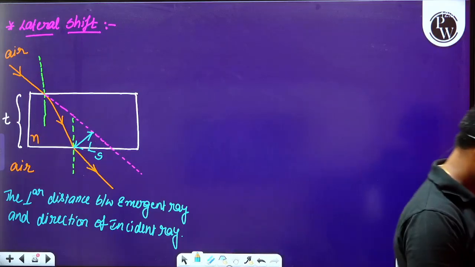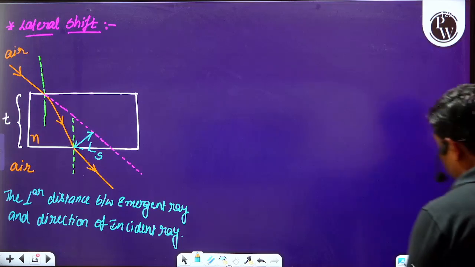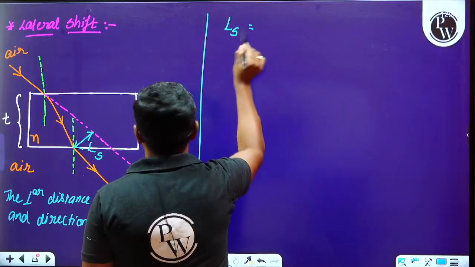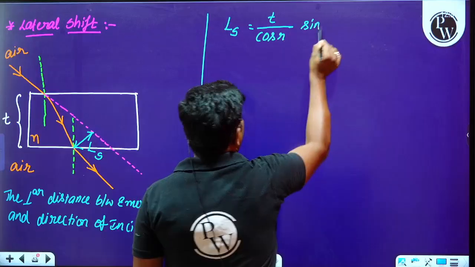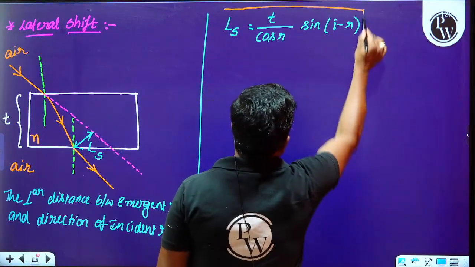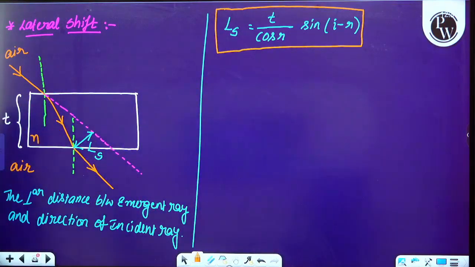So what is the expression for lateral shift? Lateral shift can be measured using the relation: lateral shift LS equals T divided by cos R into sin of (I minus R). That is the expression for lateral shift.